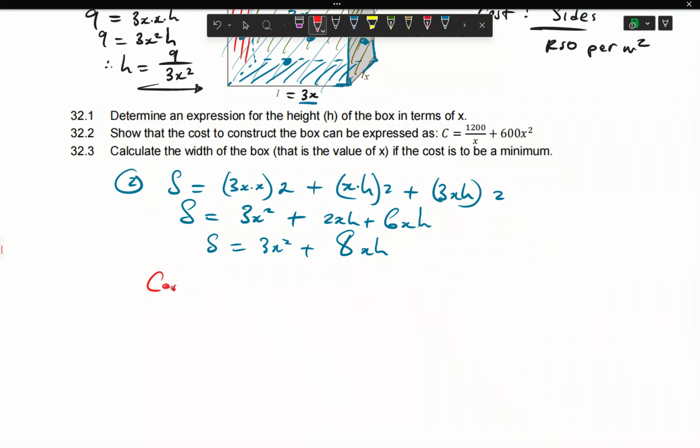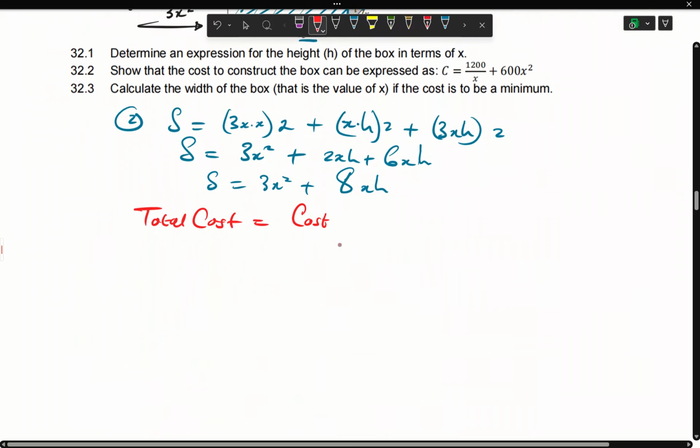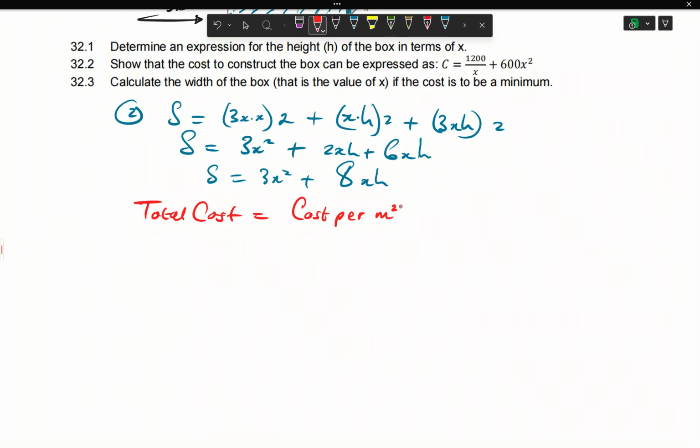Now to calculate the cost, this is the formula. The total cost, you say, is the cost per square meter, since you're given the price, multiplied by the surface area.